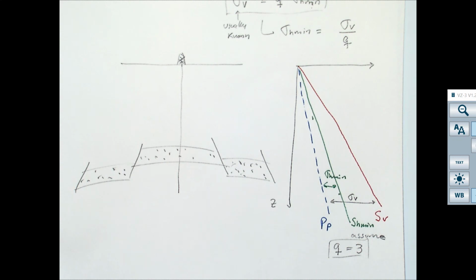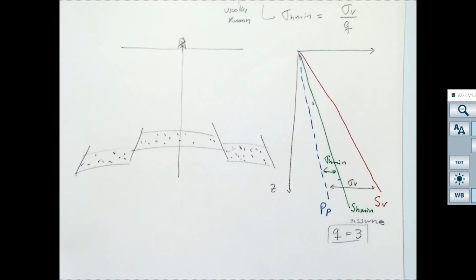Amazingly, this equation works very well in many places. That tells you that in many places around the Earth, the crust is almost at failure. And that's why this equation works very well.